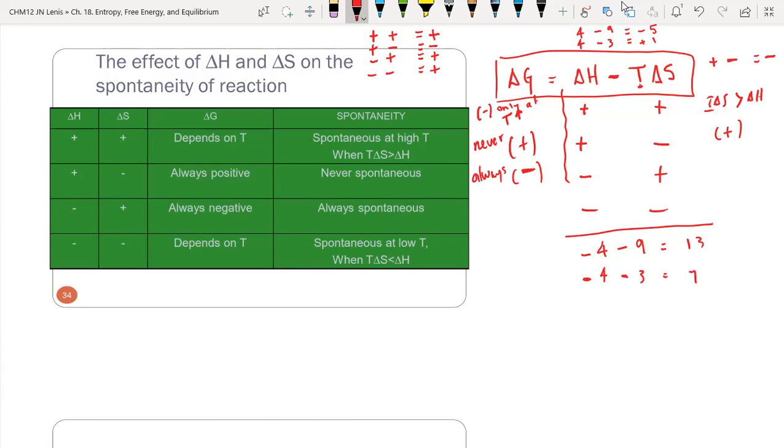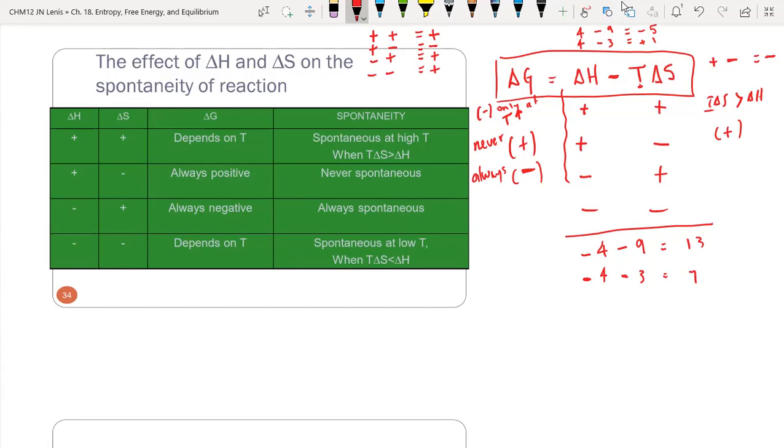If this number becomes bigger than this, then delta G is going to be positive. If this number becomes lower than delta H, then everything will become negative.